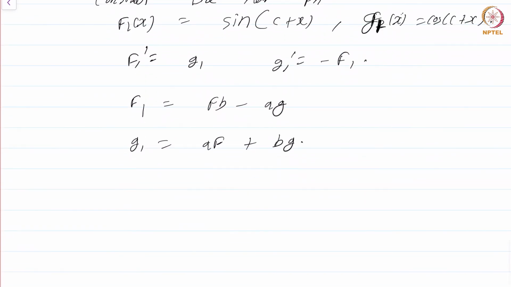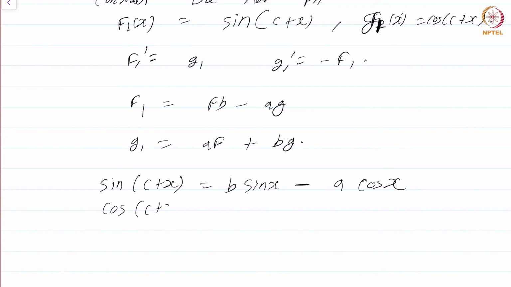So let me just translate this pair of equations into more concrete terms. What we actually have is sine of c plus x is equal to b sine x minus a cos x, and cos of c plus x is equal to a sin x plus b cos x.